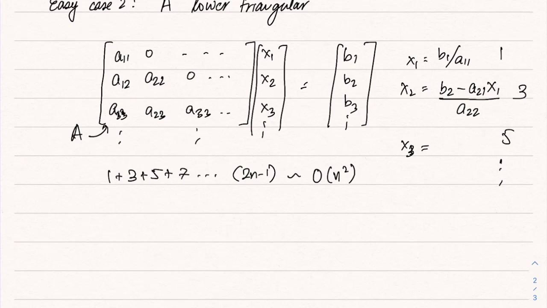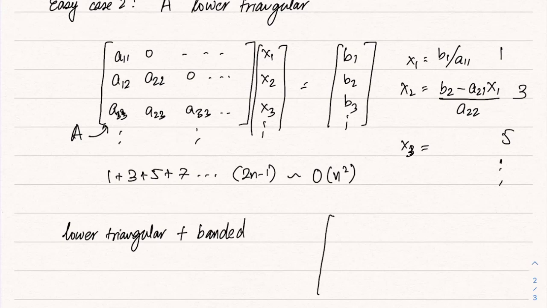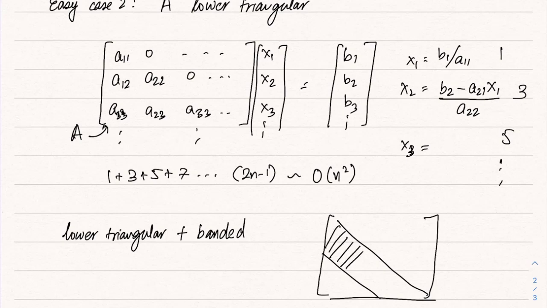So that could be the case, for example, when the matrix is lower triangular, but it is also banded. So what does it mean? The matrix may look something like this. So it is lower triangular, which means everything here on the top is 0. And it is also banded, which means only the shaded part is non-zero.